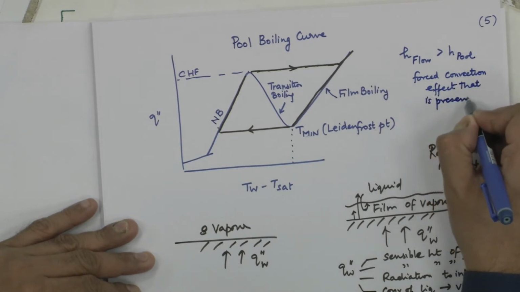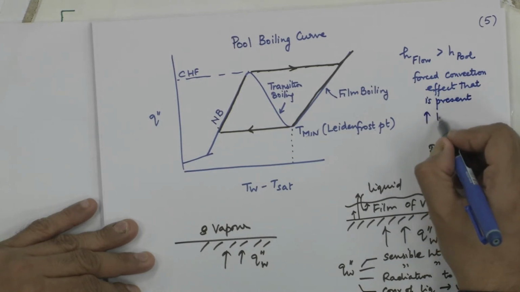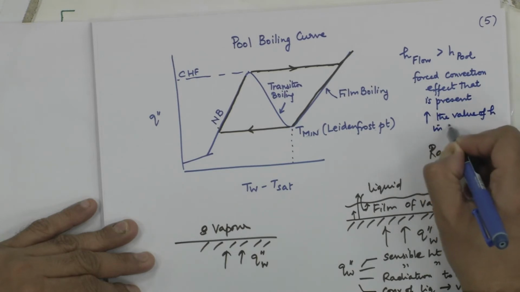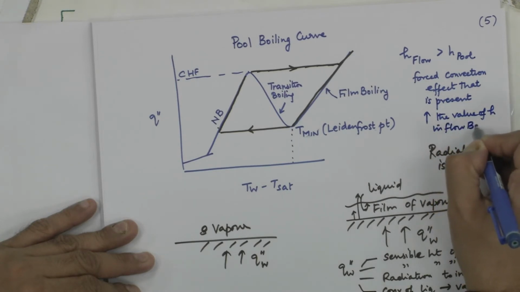This forced convection effect that is present increases the value of h in flow boiling. This is what changes the magnitude.